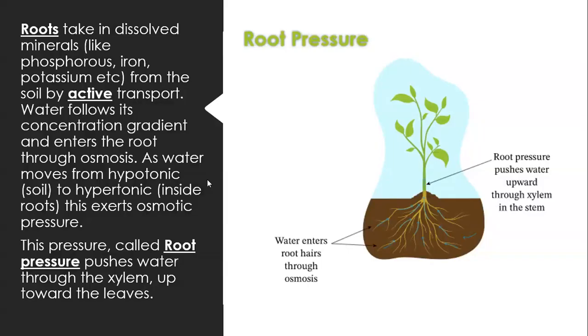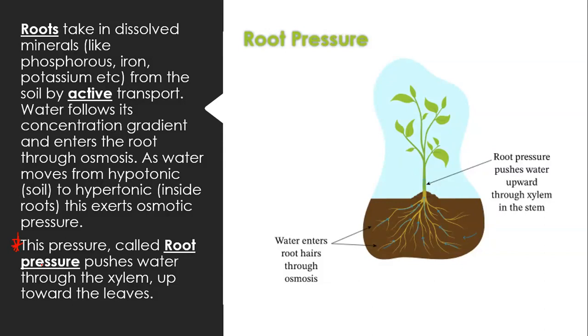Now, in addition to transpiration pull, there's a secondary mechanism involved here as well, and it's called root pressure. So roots take in water through osmosis, and anything that's dissolved in that water will also make it into the plant.